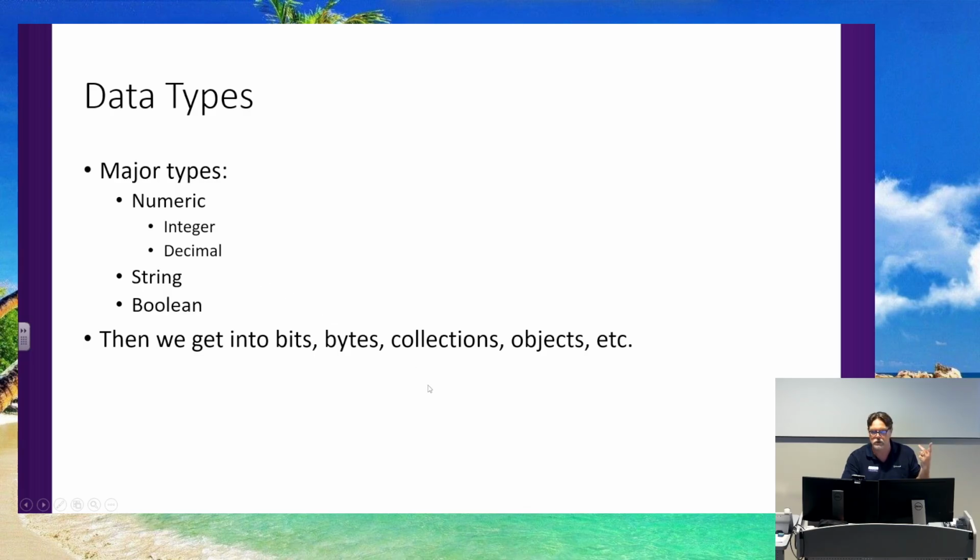So it's essentially just numeric data and character data. Within numeric, we have integer data, and we have data that's represented with a decimal point in it, fractional values. And then again, Boolean, which is true, false. But if you think of Boolean values as 1 and 0, it's just another number.